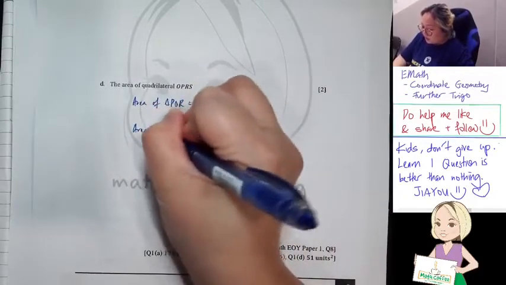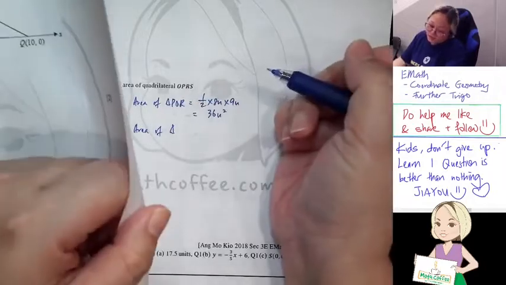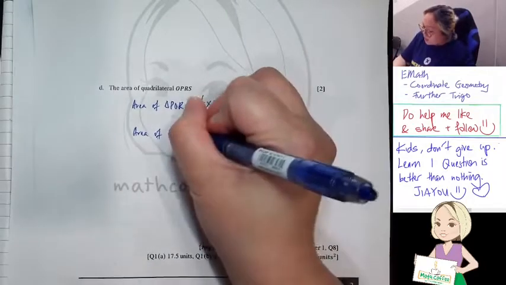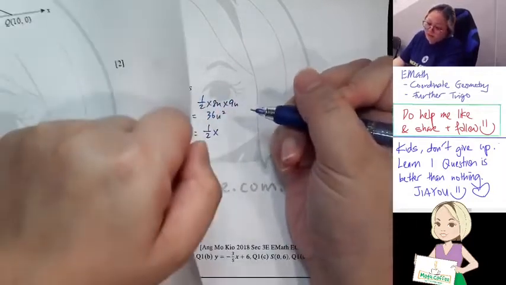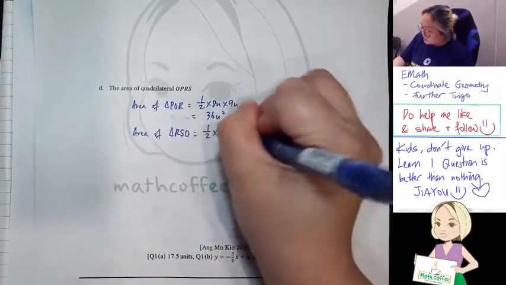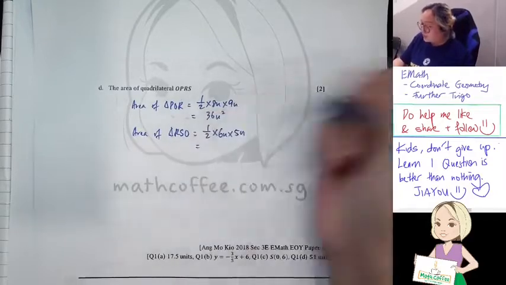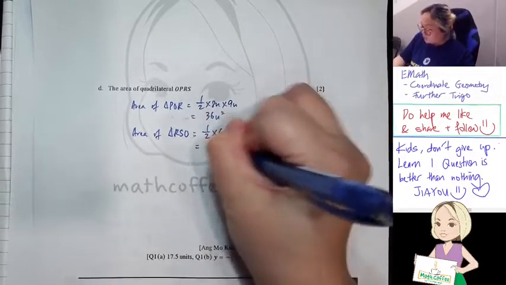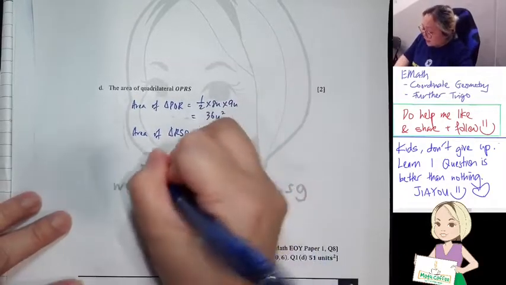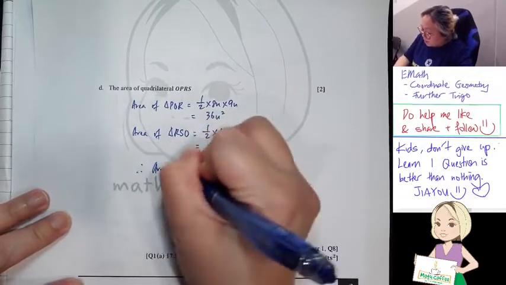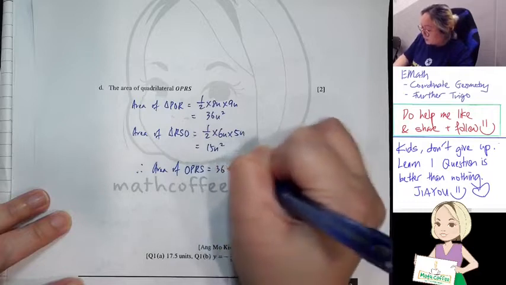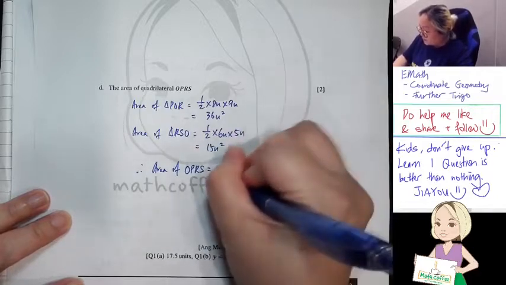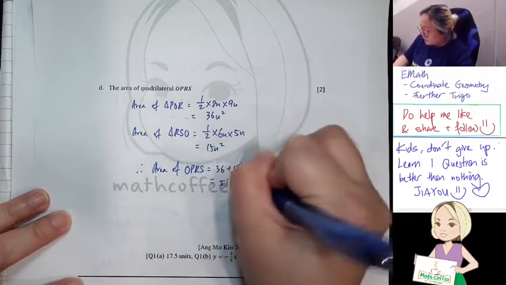Area of triangle RSO will be half multiplied by 6 units multiplied by 5 units, 15 units square. So therefore area of OPRS will be 36 plus 15, and that will give us 51 units square. Done.